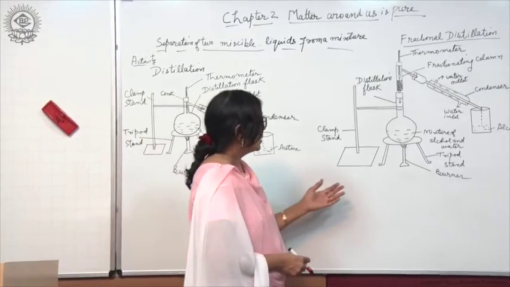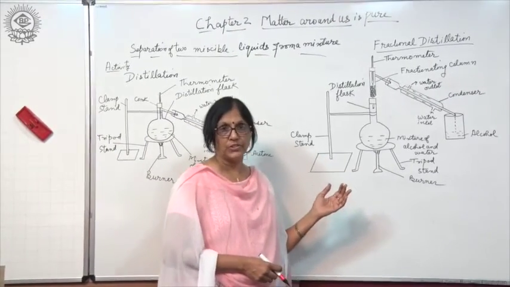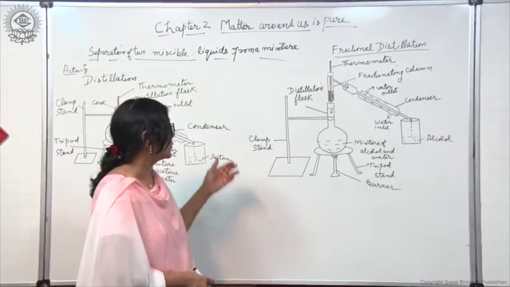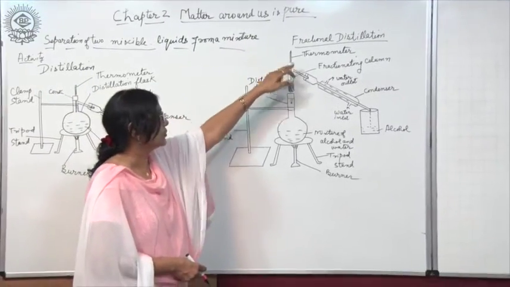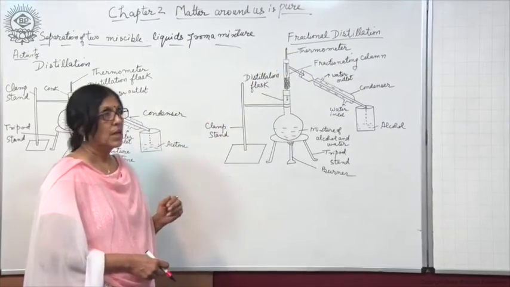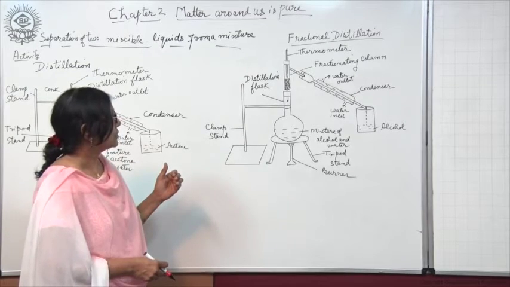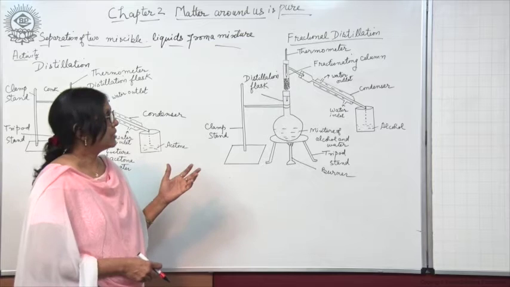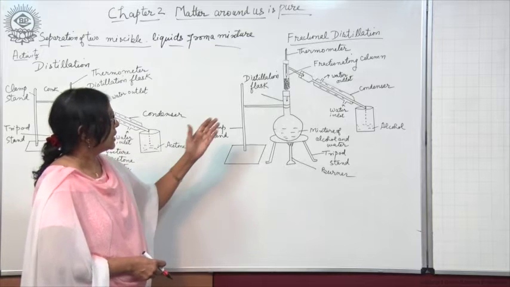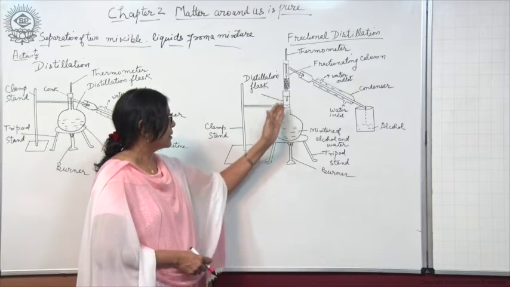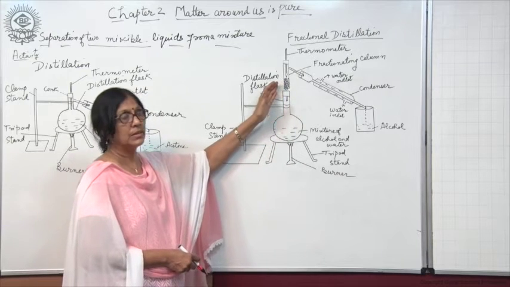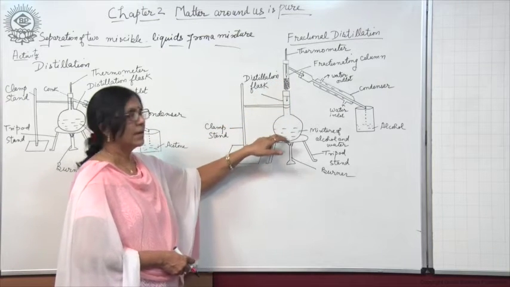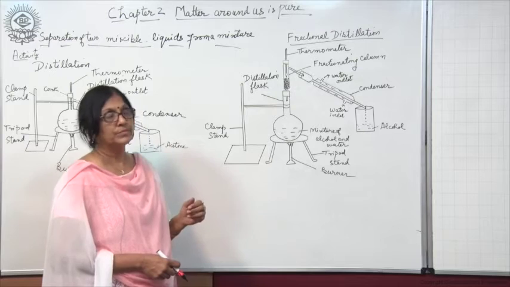Now, it is more or less the same as distillation. The only difference is that a fractionating column is also used. This fractionating column is packed with glass beads. These glass beads are there because vapors rise up, will condense back and form the liquid.